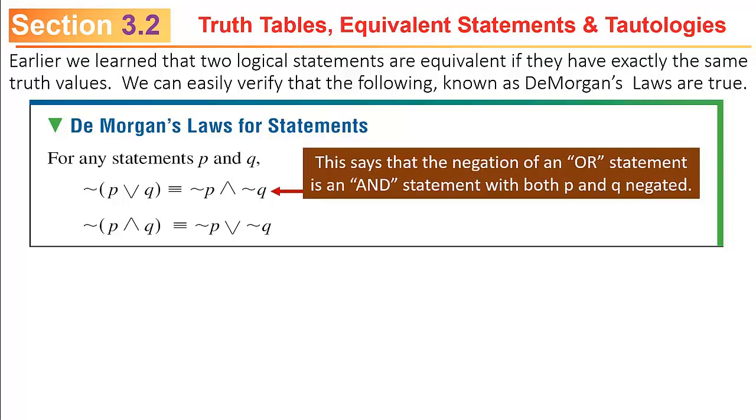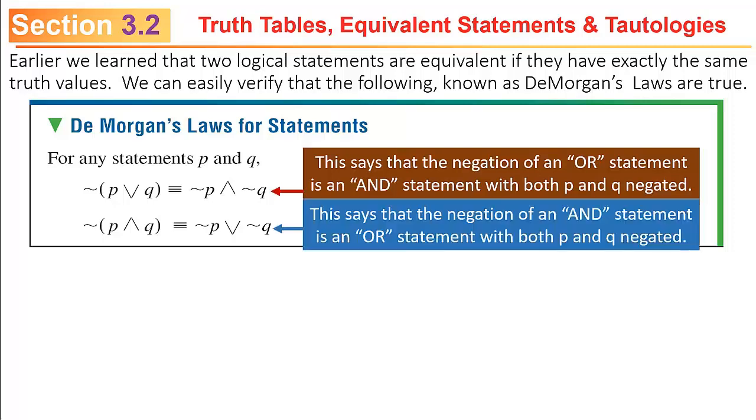So the OR on the left side becomes an AND on the right side, and the tilde, the negation symbol, distributes through just like a minus sign would if you were doing regular algebra. So the negation of P or Q is the negation of P and the negation of Q. An OR becomes an AND, and the negation passes through like a minus sign.